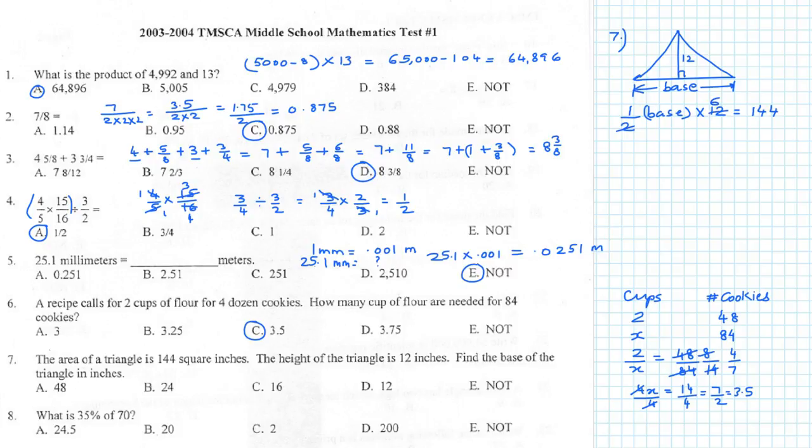So base times 6 is equal to 144. So if we divide both sides by 6, we will get base is equal to 144 divided by 6. So this is nothing but 24 inches. 144 divided by 6 is 24. So the answer is B.